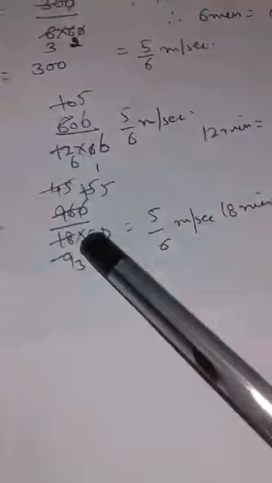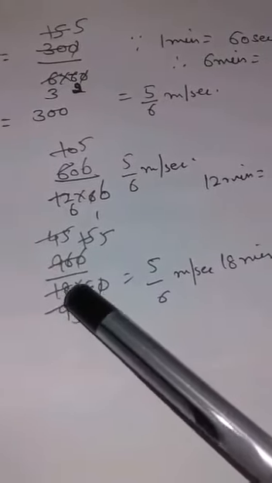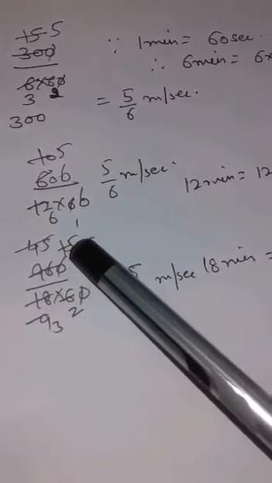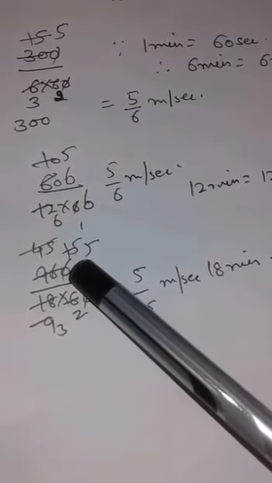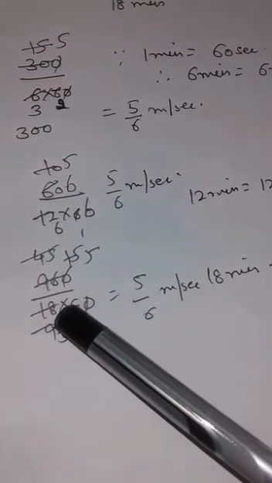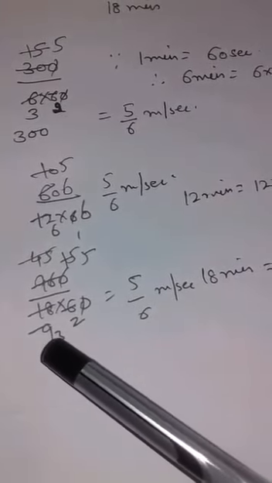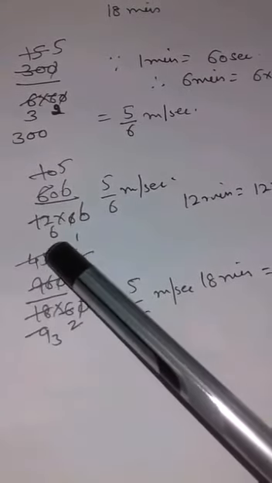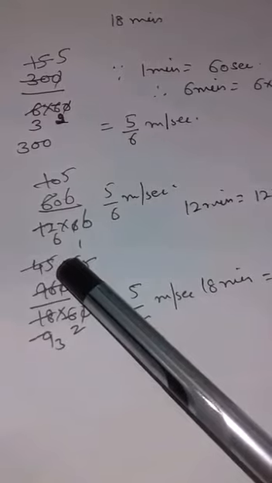And in the third one, 900 upon 18 multiplied by 60. Again 0 with 0 cancel. 2 9s are 18, 2 4s are 8 and 5, 2 5s are 10, 45 here.